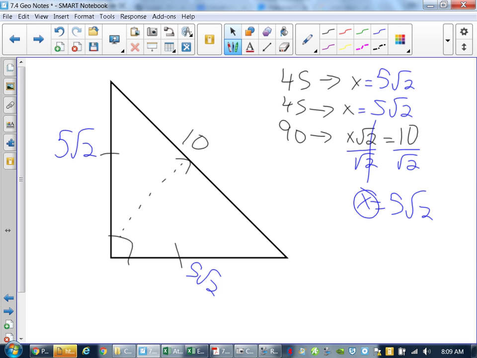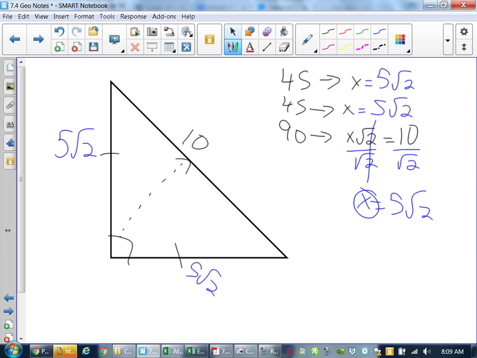So, Mr. Murphy, Taylor noticed a pattern. She asked if your hypotenuse in the 45-45-90 was an even number, could you just take half of that even number and put it next to root 2? Yep. Even if it was an odd number, you can still do it. And for the odd number, it ends up being the odd number root 2 over 2. Yep, and we just keep it in that form.